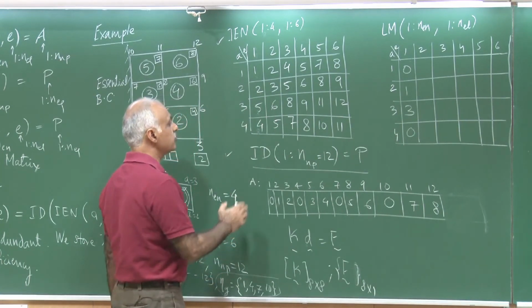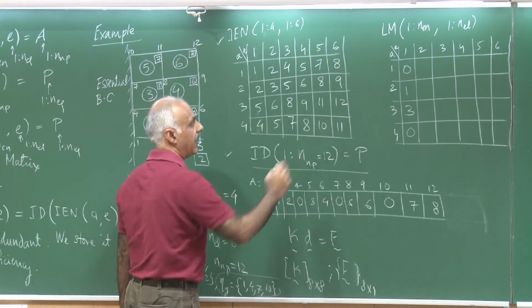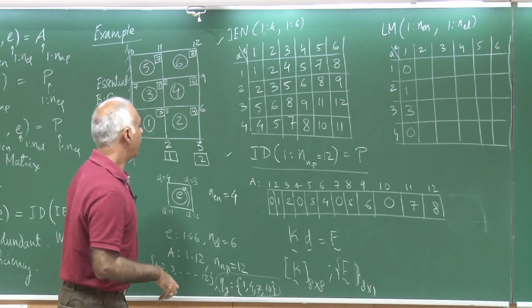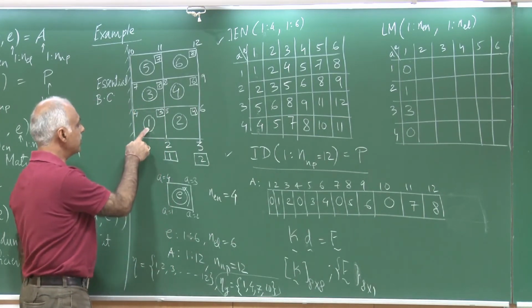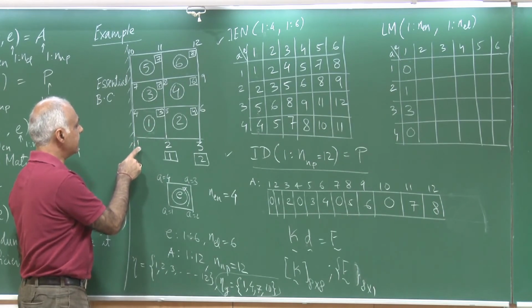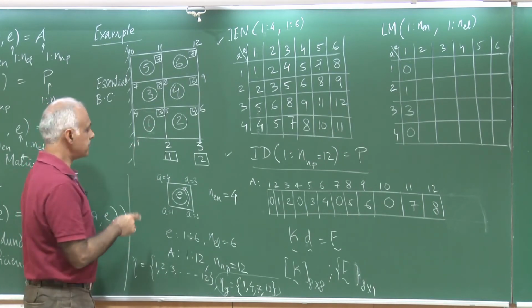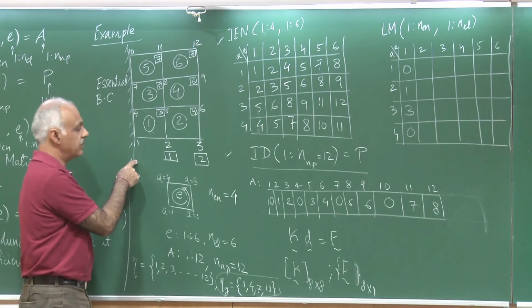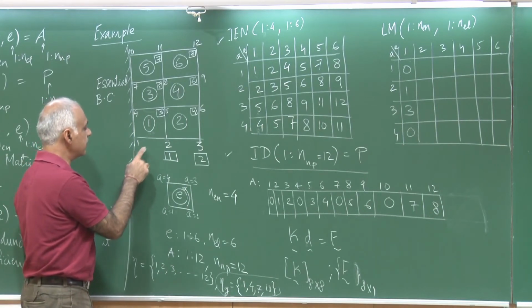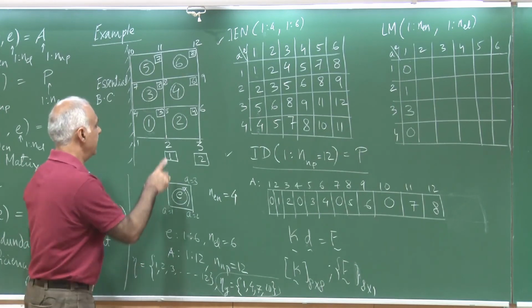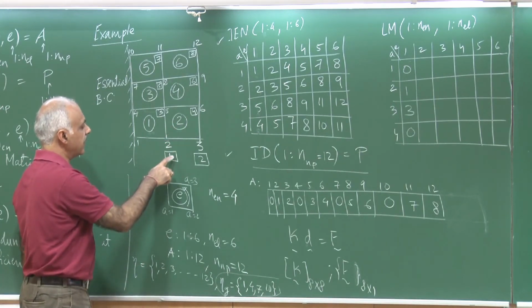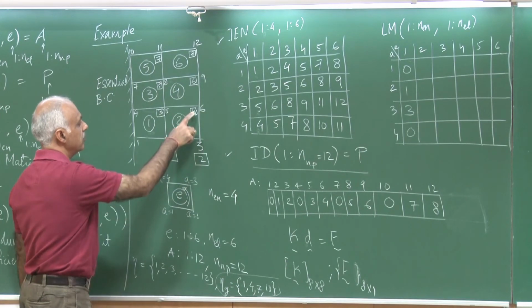So, I could either use these two arrays and make the LM array, or I can even use the diagram that I have made here. I go to the first element and I have written the equation numbers in the box. There is no box here, so that is a 0. The equation numbers are 0, 1, 3, 0, which is what I have written over there. Likewise, for element number 2, I can write down 1, 2, 4, 3.